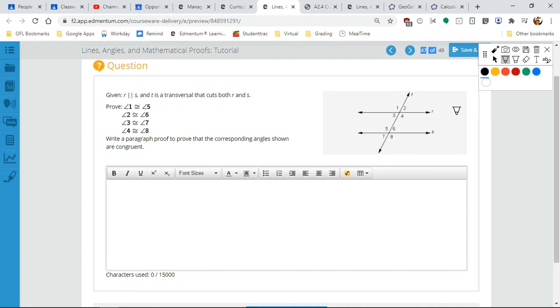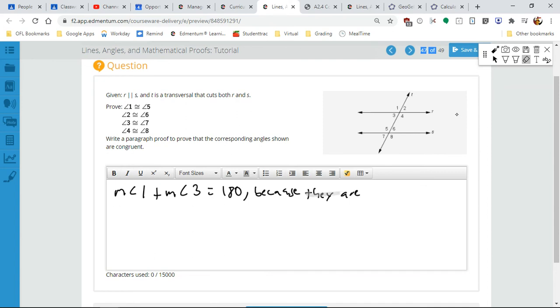I would say that the measure of angle 1 plus the measure of angle 3 equals 180 because they make a straight angle.